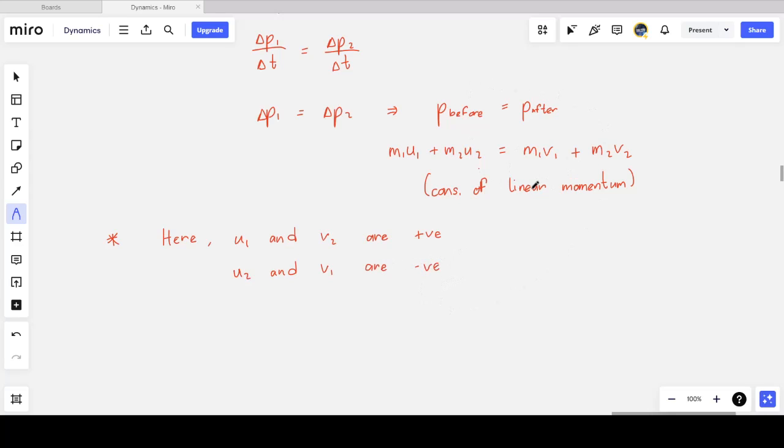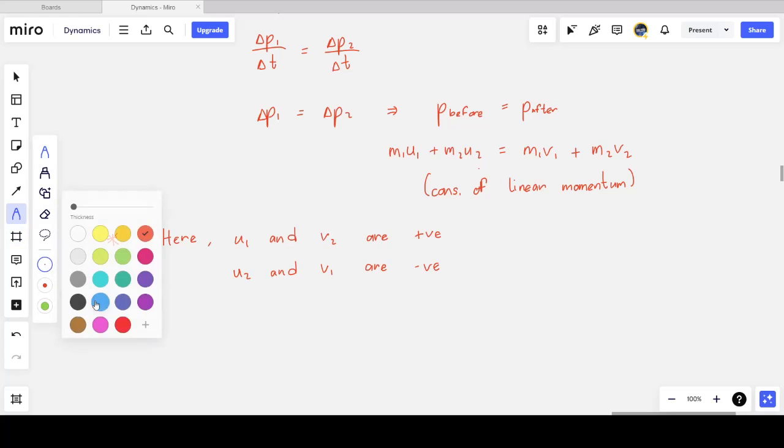I put them into the calculation, and I can do some rearranging if I want to find maybe the final velocity for ball 2 as an example. This is how I apply the conservation of linear momentum in order to solve some complicated or complex problems.